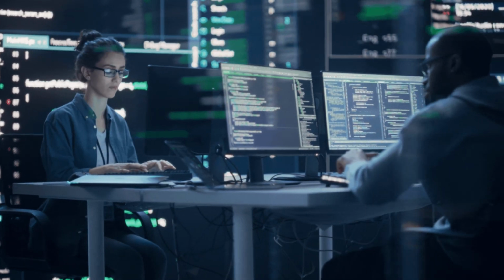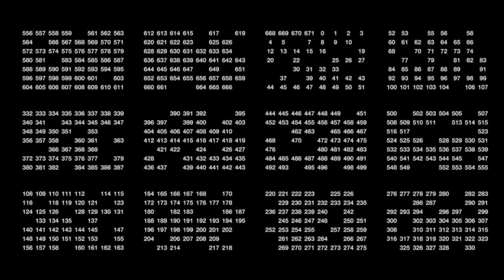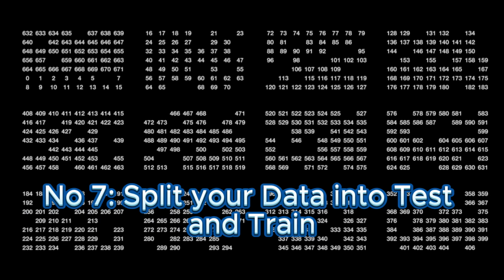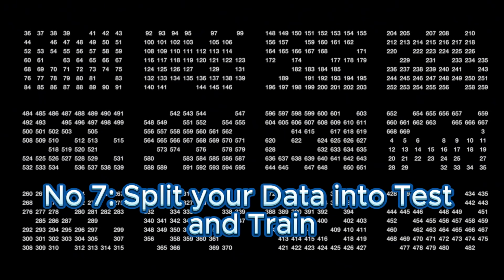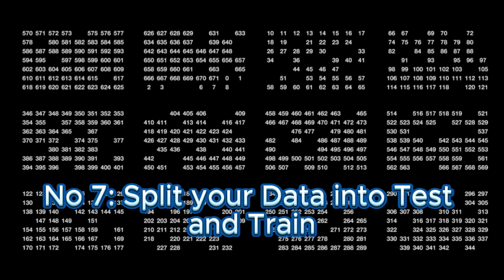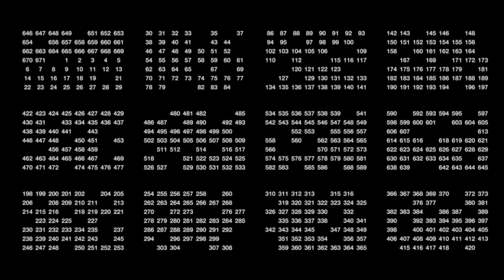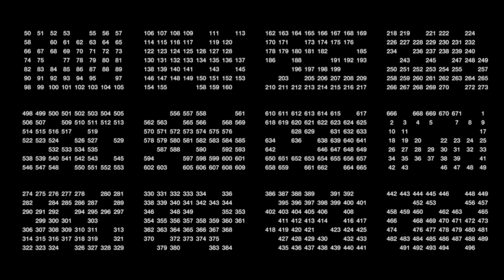Now, after determining the algorithms you're going to be working with, the next step is to divide your data set into test and train. This is usually in a ratio of 70/30 or 70/20, depending on the volume of your data. The train data set is where you train your machine learning model, while the test data set is where you test your model after training it.